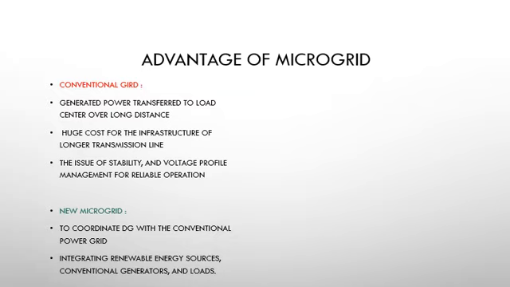The longer lines have issues with stability and voltage profile management for their reliable and flexible operation. Distributed energy resources lead to a reduction in infrastructure costs and reduce the network loss.